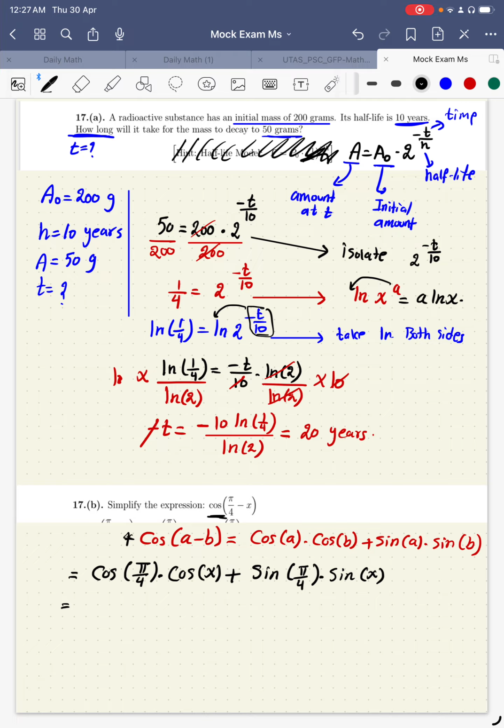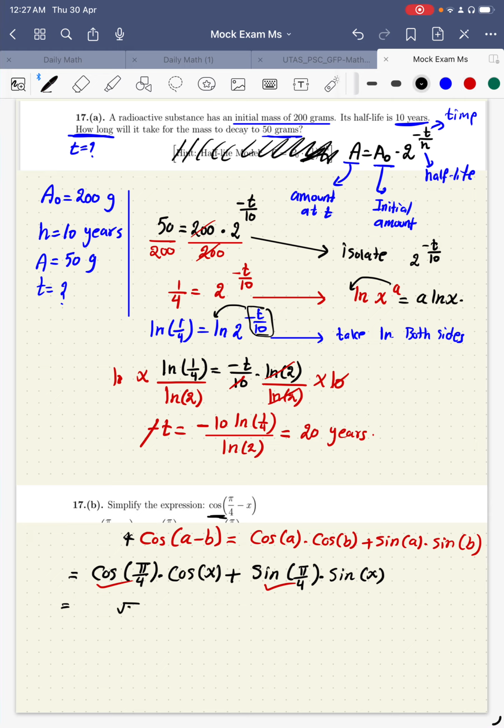So I'm gonna ask myself, what can I do to find the answer with a calculator? I can calculate this one and I can calculate this one, so I'm gonna calculate them using the calculator.